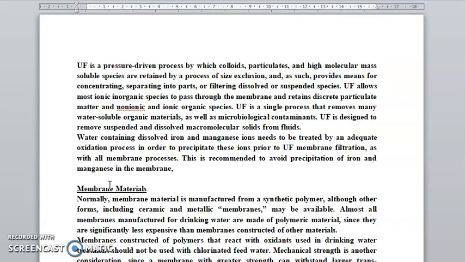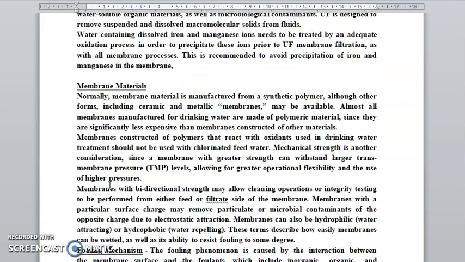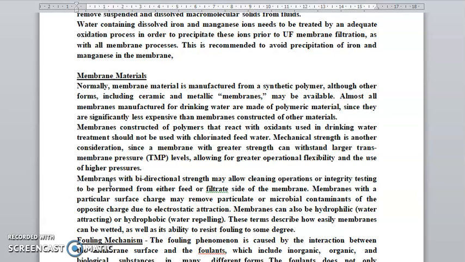Now we go to the membrane materials. Which membrane materials are used? Normally, membrane material is manufactured from synthetic polymers, although other forms, including ceramic and metallic membranes, may be available.